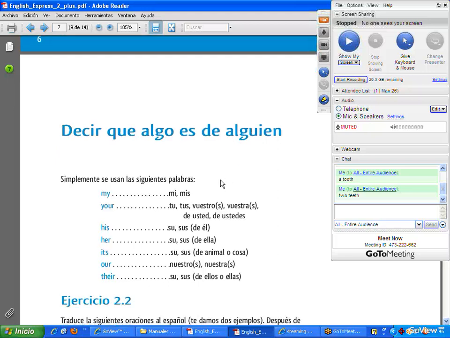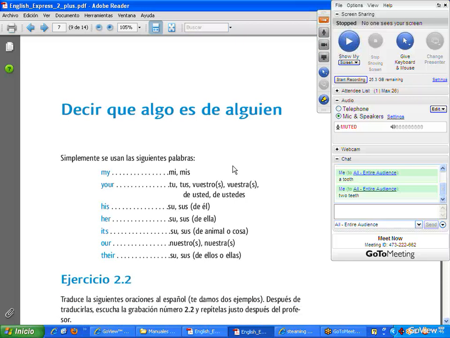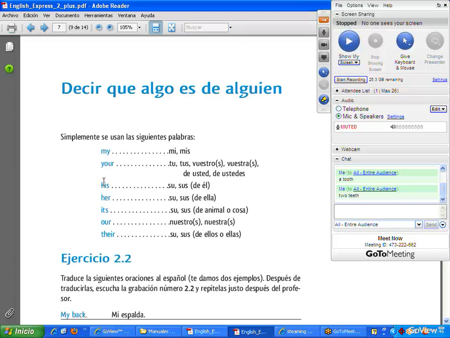My, your, his, her, its, our, their. Okay, for vuestro, we would say your, the same. So that's the same in singular, second person singular, and second person plural. Your and your.